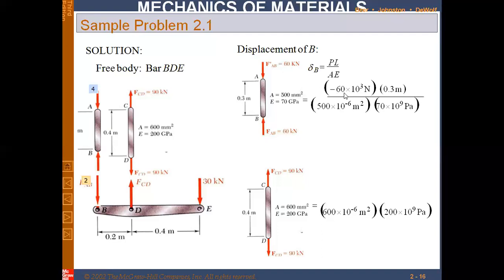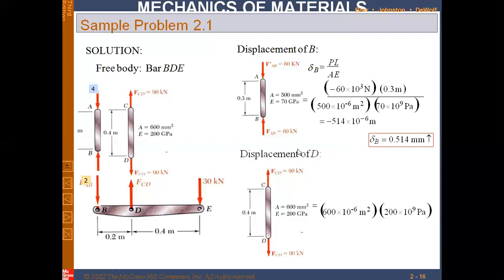After putting those values, minus sign means compression. After calculation, we get minus 514 into 10 raised to minus 6 meters. And this negative sign shows shortening of the length of AB. So delta B is actually 0.514 millimeter.